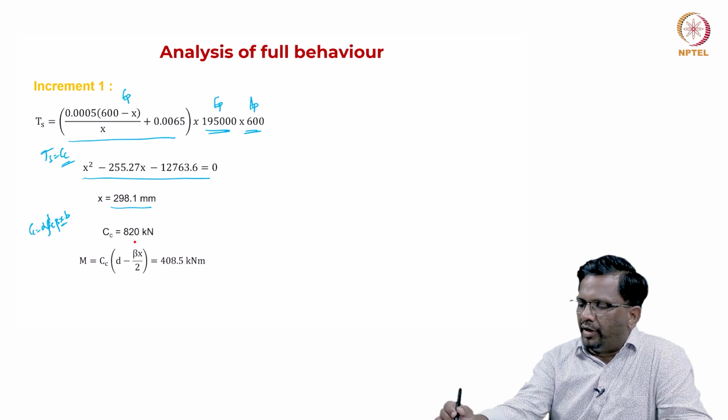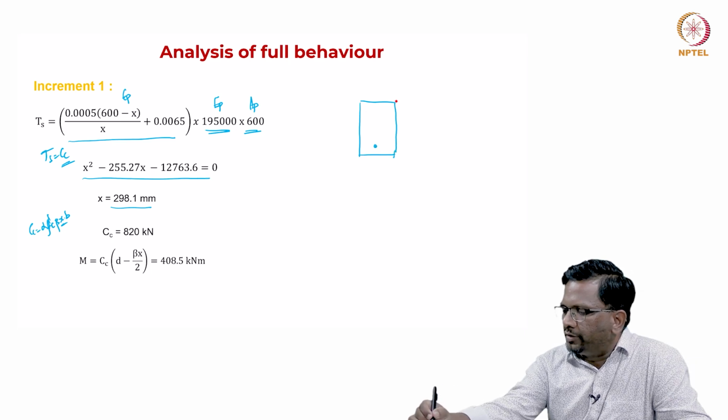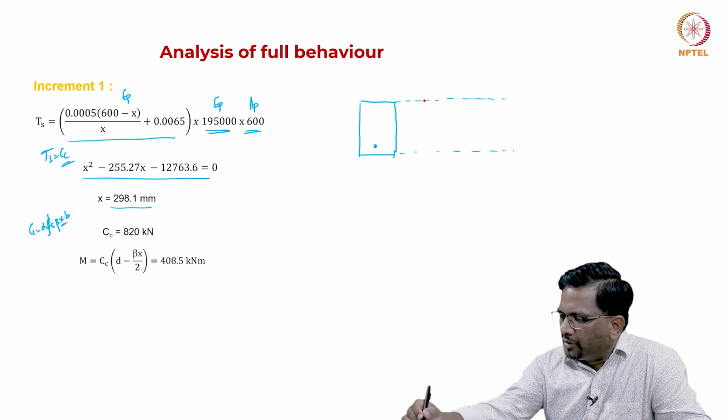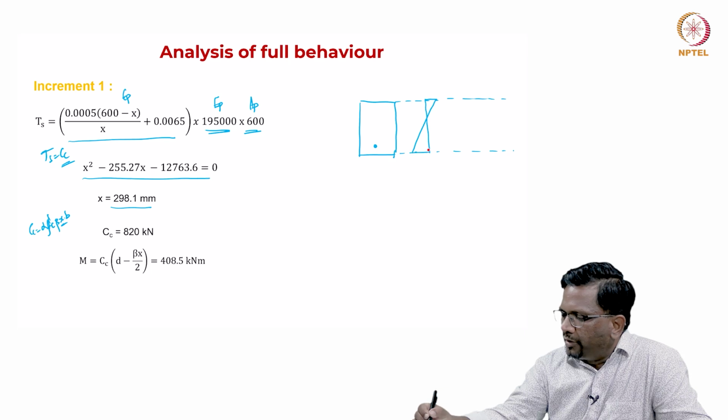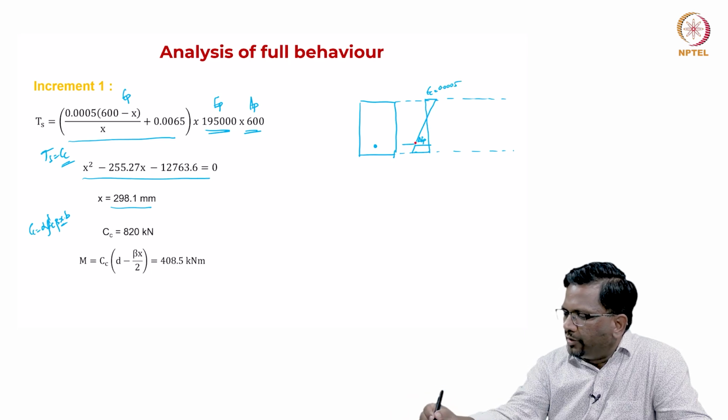So, the moment again, if you go back to the cross section where your steel is, and this is the strain gradient that we have assumed, and this is your delta epsilon p, and this is your epsilon c, which is 0.0005, very small value, and this is your epsilon pi.